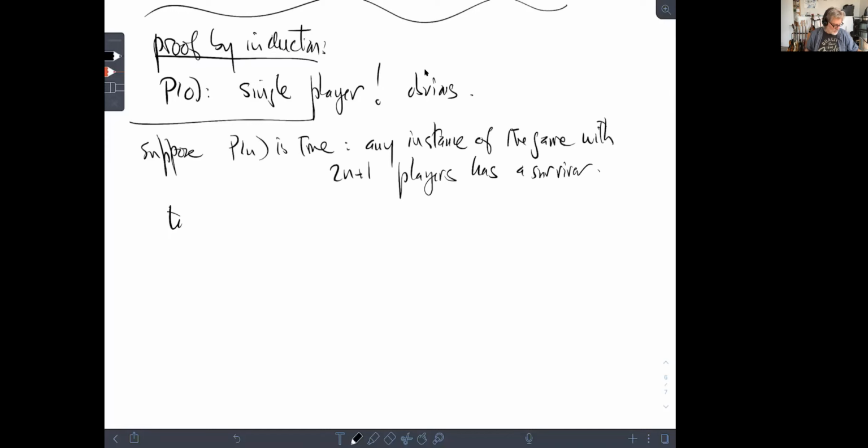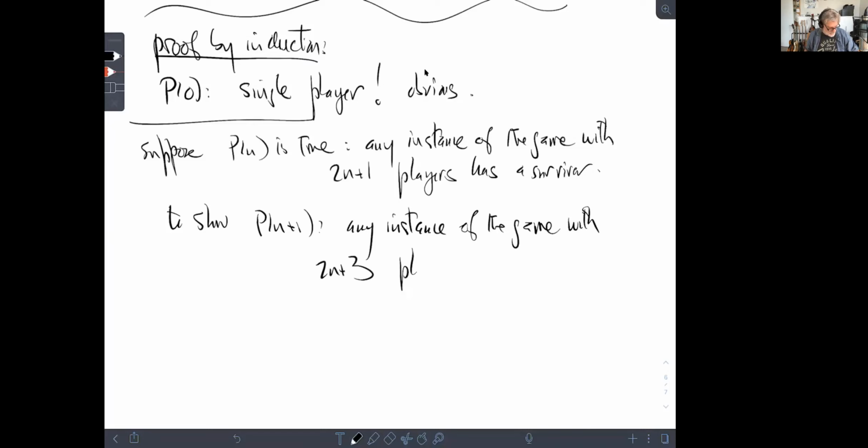I want to show P of n+1: any instance of the game with 2n+3 players has a survivor. And again, we want to use our induction hypothesis at some point, or else something goes wrong.